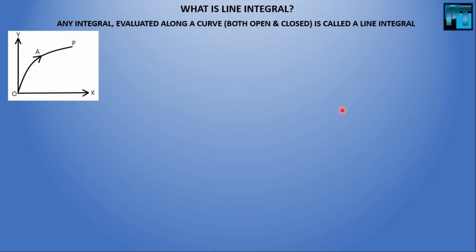So this picture shows you a curve OAP. Suppose a particle goes from O to P through this path. Now in this scenario it is an open curve.